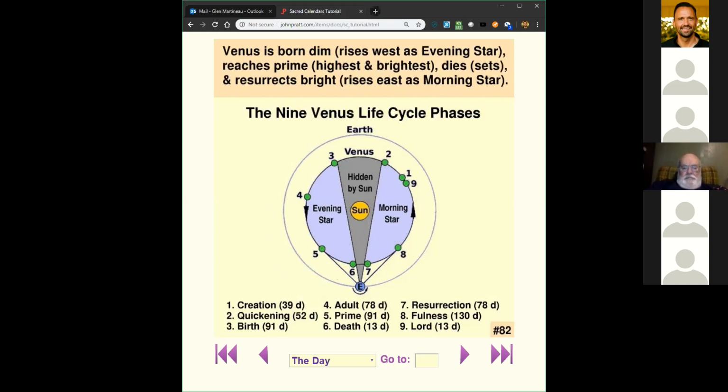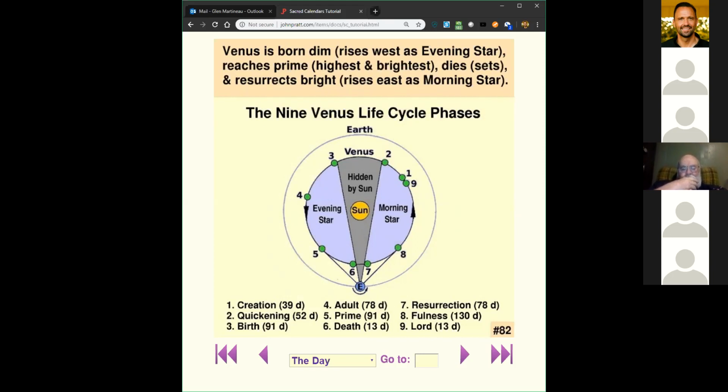And when it goes into the fetus, it goes into darkness, and then it's born over on 3. And so 3 is birth. 4 is also a point that's not really too clear, but that's when it becomes an adult, and it's really more like accountability, like at age 8. And then 5 is when it's prime, and that's when it's brightest.